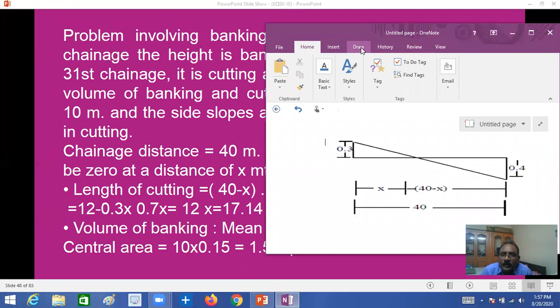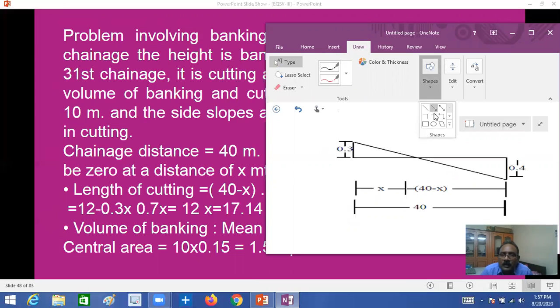I will draw here. This is banking. This is the banking slope, at the 30th chainage. This is equal to 2.